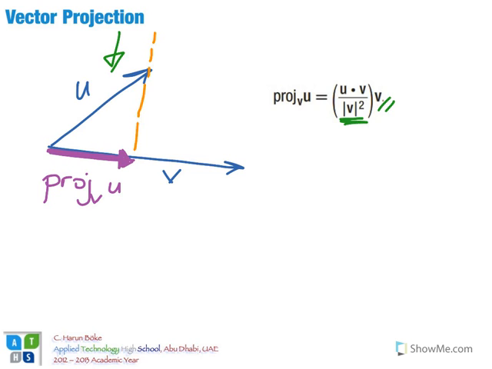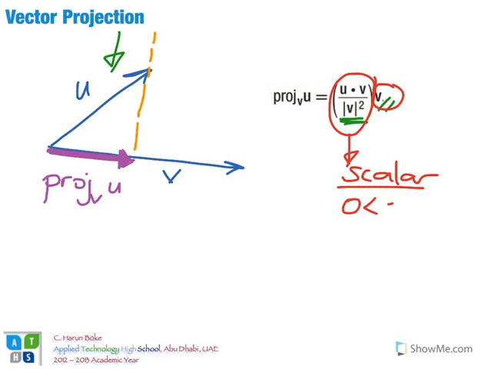So this means here we get a scalar value, alright? So we multiply the scalar with the vector v. Now, the idea here is that the scalar we calculate is probably between 0 and 1, so that it will be shorter than the actual vector v.